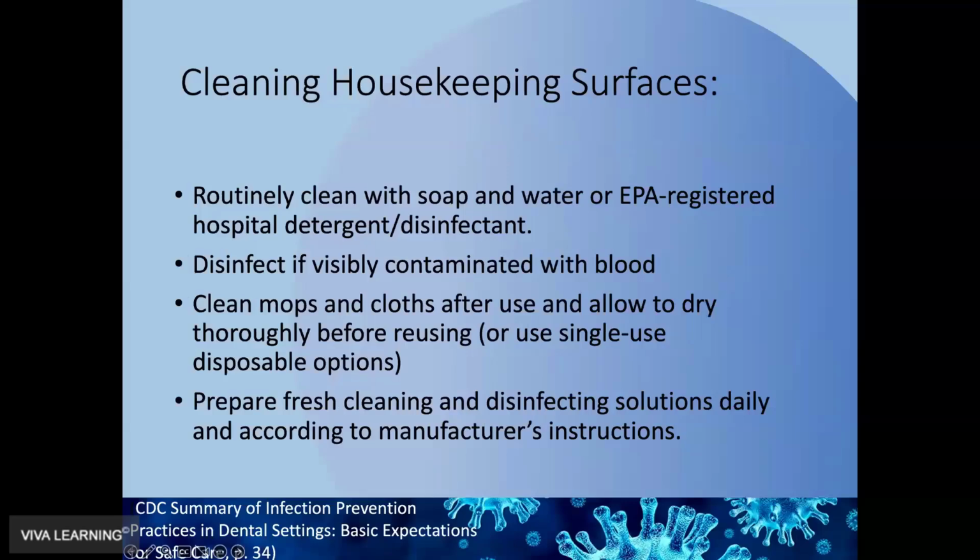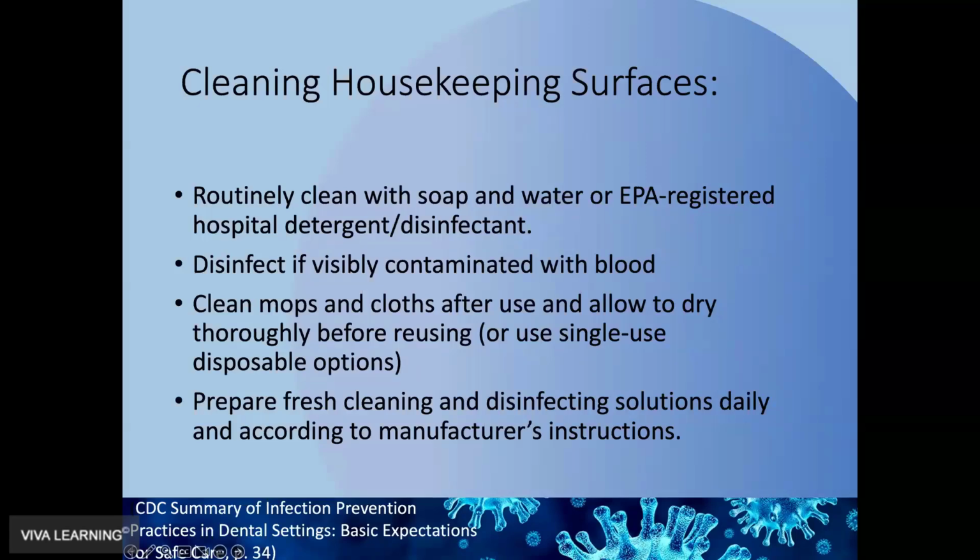So general housekeeping surfaces are surfaces that do not require the hospital level disinfectant. These should be cleaned on a regular basis with soap and water or an EPA registered hospital detergent or disinfectant, and they should be disinfected if visibly contaminated with blood. Remember, I talked about the dental chair. The dental chair by itself is a housekeeping surface that should be just cleaned off with a regular household detergent.